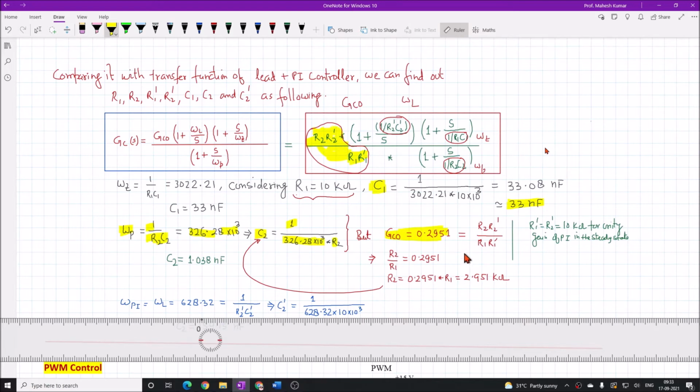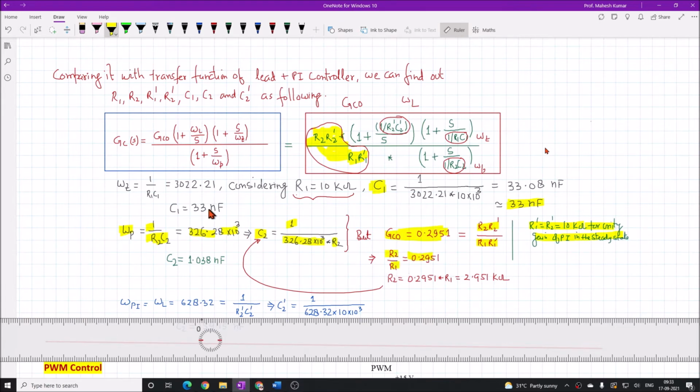Okay, so GC0 is R2 dash by R1 dash. Now R1 dash and R2 dash we have taken 10 kilo ohm to make unity gain for the PI controller in the steady state at the gain crossover frequency. Therefore, R2 by R1 is nothing but 0.2951.